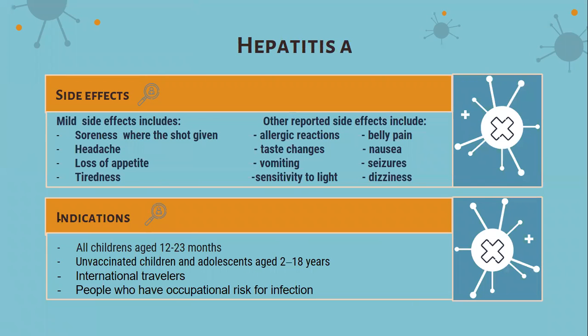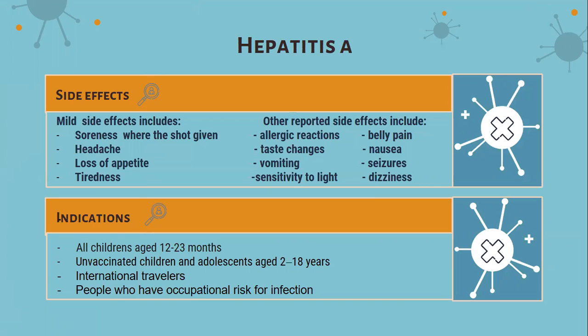Okay, so lastly, let's talk about the side effects and indications for this hepatitis A vaccine. It has two types of side effects, the mild side effects and other reported side effects. In the mild effects, number one is soreness where the shot was given. Number two is headache, yung pananakit ng ulo.